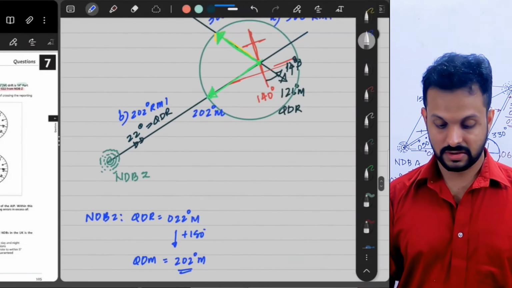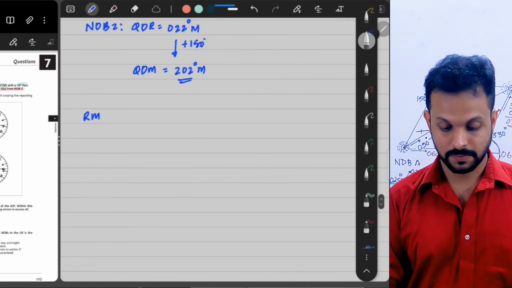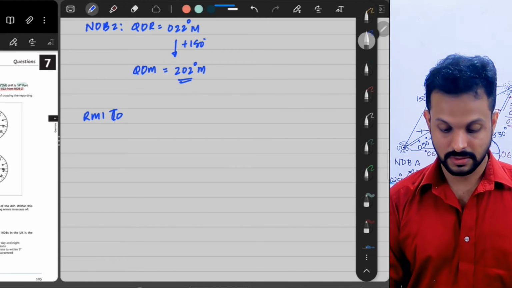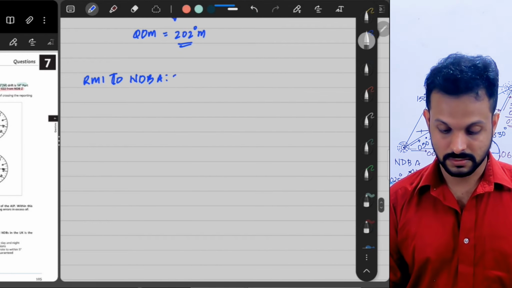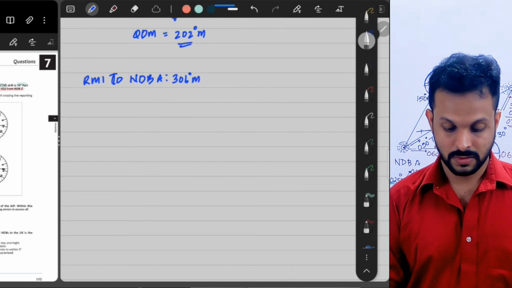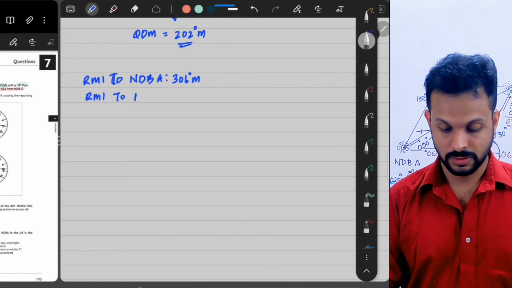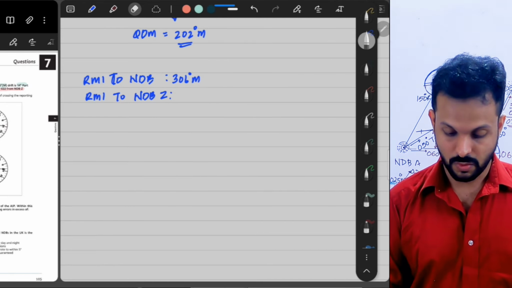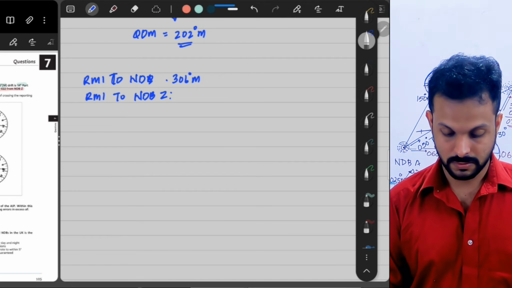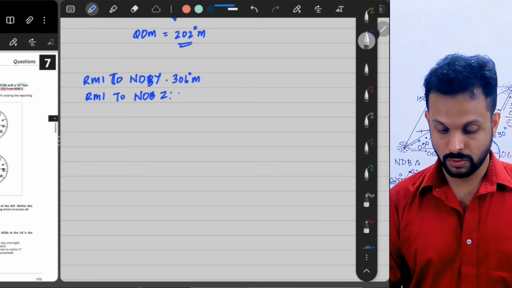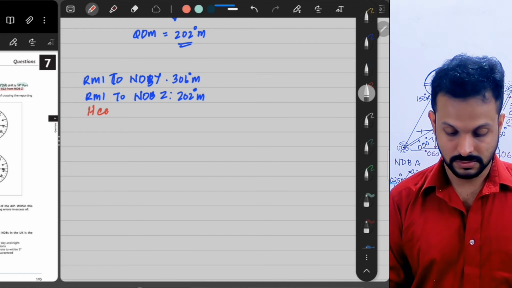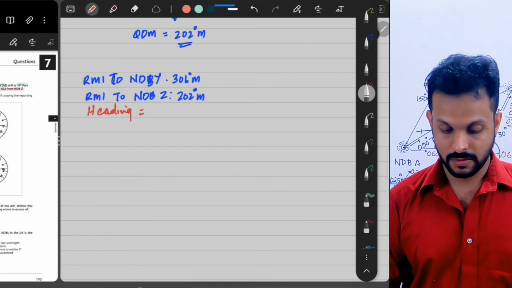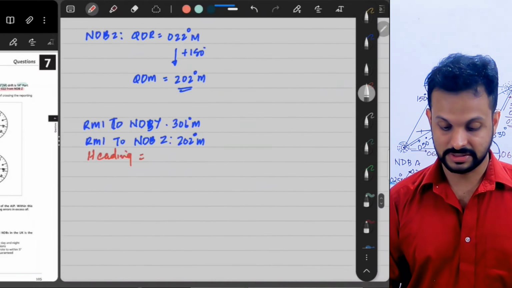So we're looking at three different factors here: the RMI to NDB Yankee, which is 306, the RMI to NDB Zulu, which is 202 degrees magnetic, and we have a heading, which is right here, of 140 degrees magnetic.